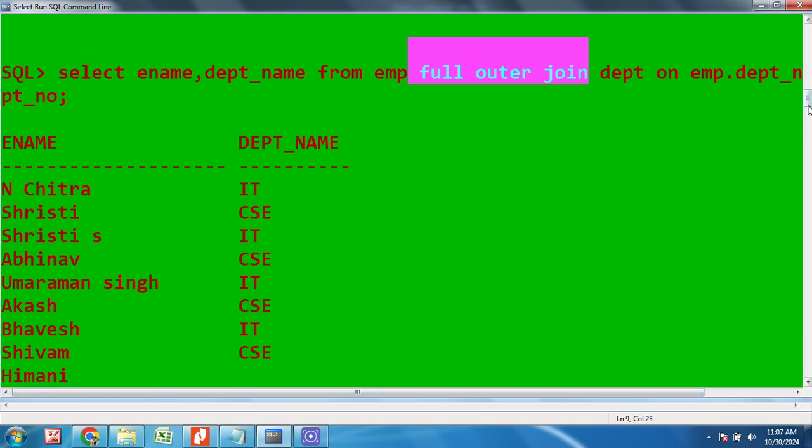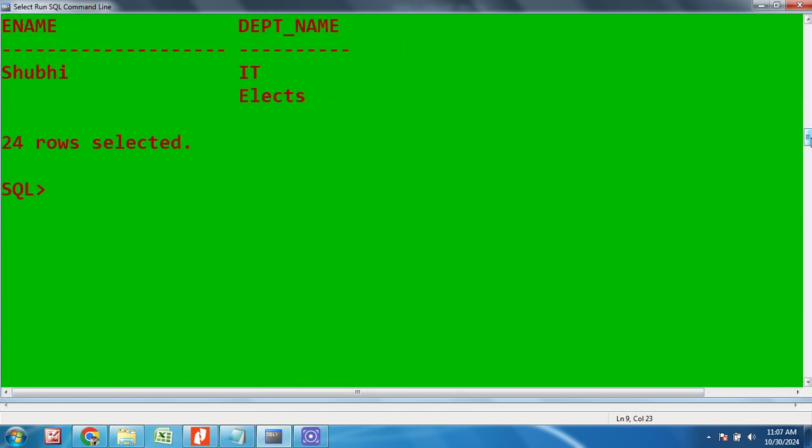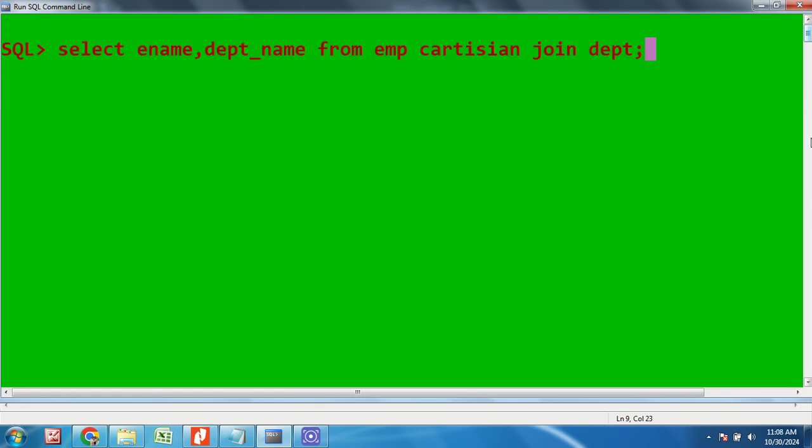Now just clear the screen and see the Cartesian join. So this was an example of full outer join.